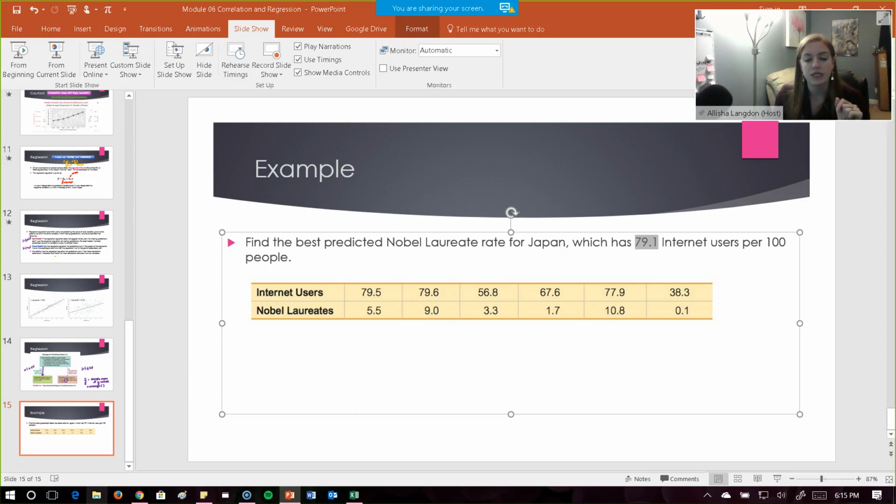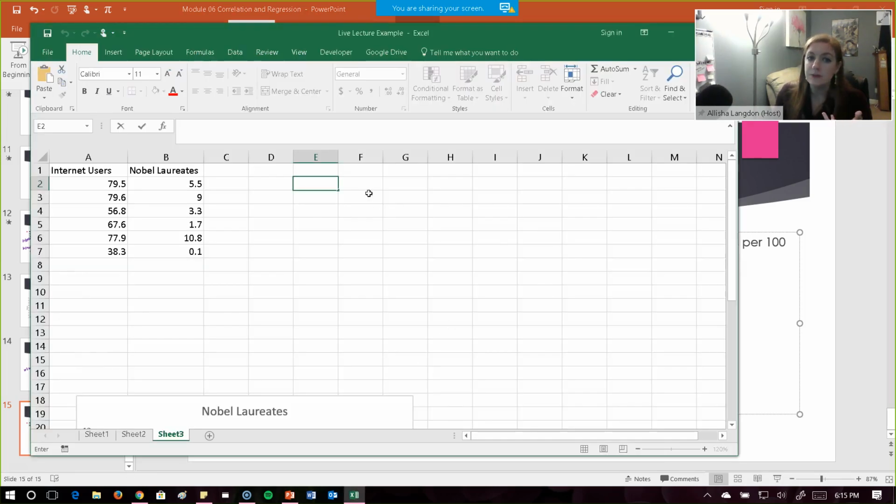That's what they want us to predict here. So the first thing we need to do is our hypothesis test. So step 1, hypothesis test for correlation. I'm just going to type up the steps in Excel because it's easier than flipping back and forth.